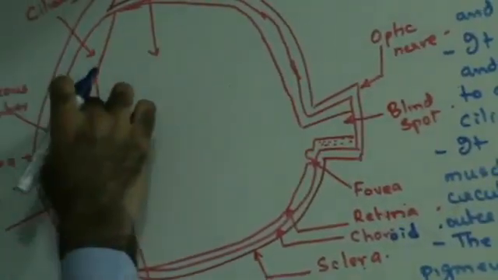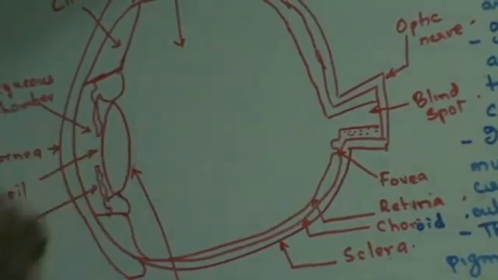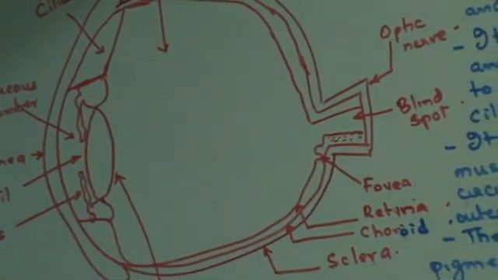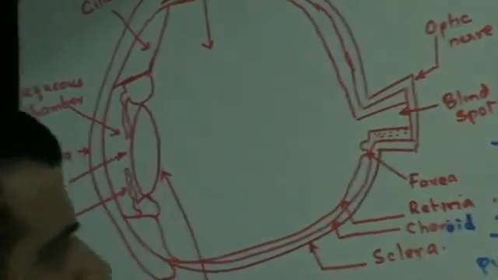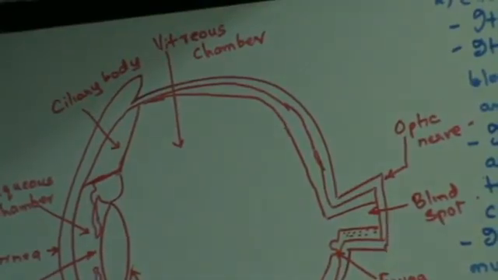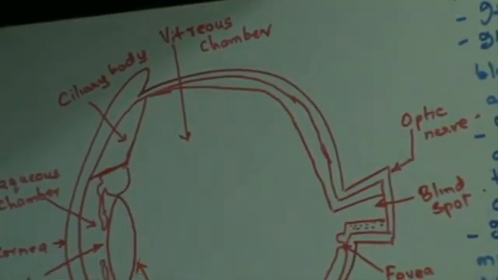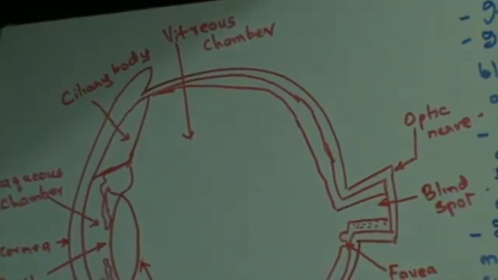This is your thread-like suspension coming out, which gets attached to the biconvex lens. Here's your biconvex lens. Okay. So you have the middle layer, the front portion of which is the ciliary body, from where you have thread-like suspension coming out, to which the lens is attached.